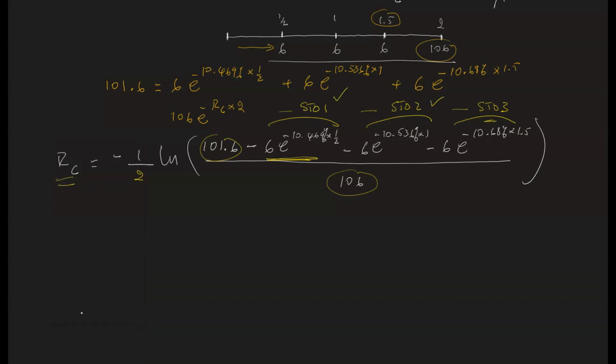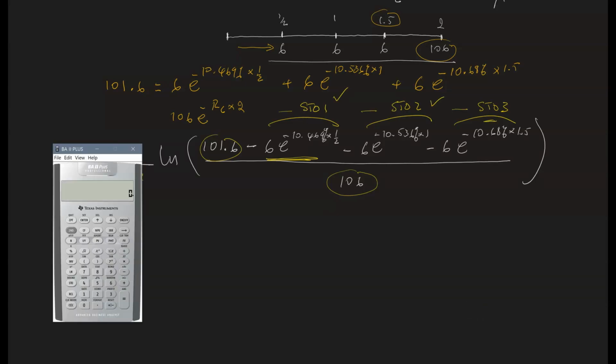Now I need to work on the third one. So for my third one, what I'm going to do is 0.1068, that's 10.68%, negative, multiply that by 1.5 equal, that gives me that value there, and I'm going to take the exponential of that, second function exponential equal, that's going to be 0.85 multiplied by 6 equal 5.11.